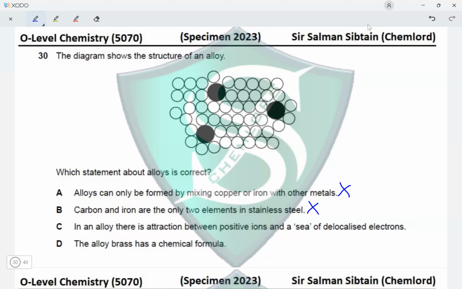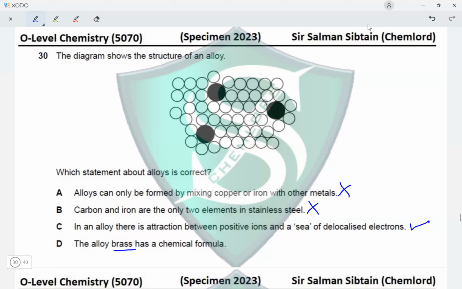Option C, in an alloy, there is attraction between positive ions and a sea of delocalized electrons. Alloys are metals, and metals do have an attraction between positive ions and a sea of delocalized electrons, which is known as the metallic bond. So alloys being metals will have the same attraction. So option C is correct. Option D, the alloy brass has a chemical formula.